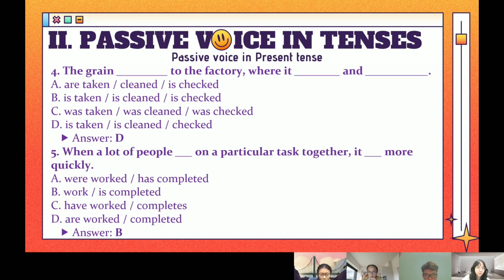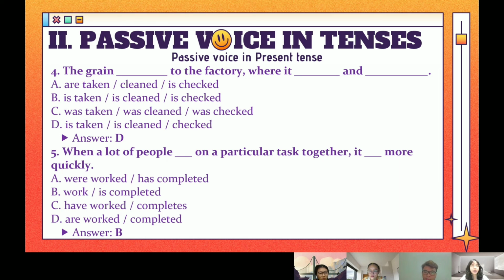So we fill in here work. But the other clause is passive because this word it is used to refer to the task, which is the object. So we fill in here is completed. That's why B is the correct answer.